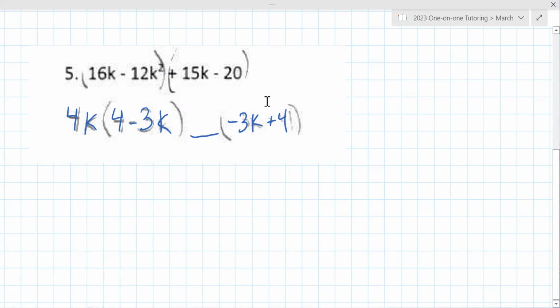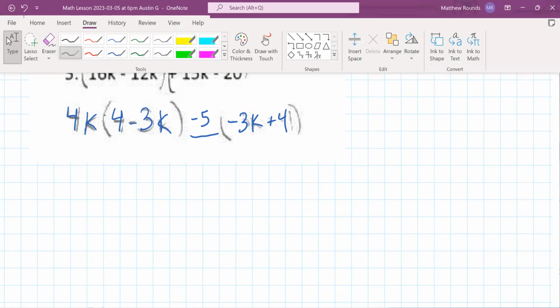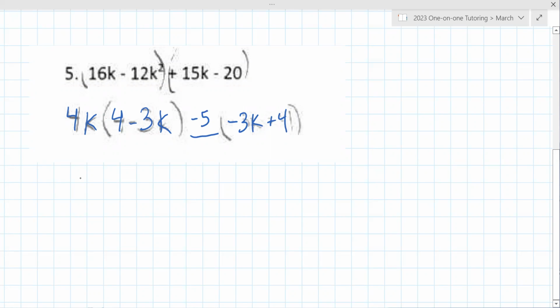Like, how do you get to minus 20 from positive 4? And then you put that number down. You're like, okay, it's minus 5. And then you really hope that minus 5 times minus 3k gets you back to this, and it does. So that's really good. I actually call this double factoring because you end up doing it again. You end up putting this 4 minus 3k here, and then the other one's 4k minus 5 there.